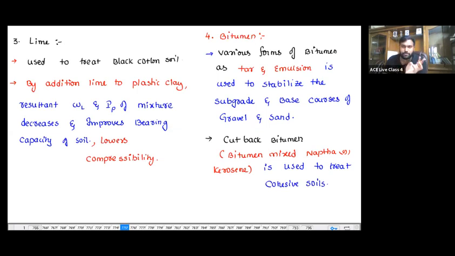From 2:30 to 4:30, we'll complete the syllabus. And then from 5 to 8:30, we'll see the GATE 2020, GATE 2021, ESE 2020 and ESE 2021 question papers, so that you will get to know in which chapters the questions are asked more. That we'll see later.